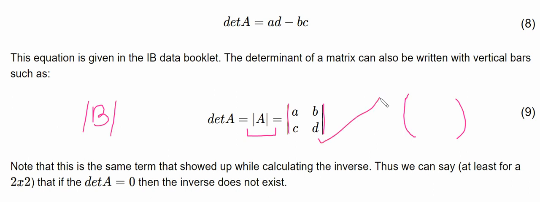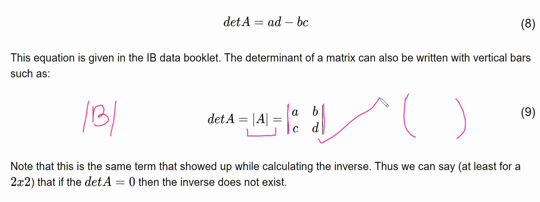So if the same matrix shows up in the calculator when you inverse a 2 by 2 matrix, you have to say that the determinant is 0 and the inverse does not exist.